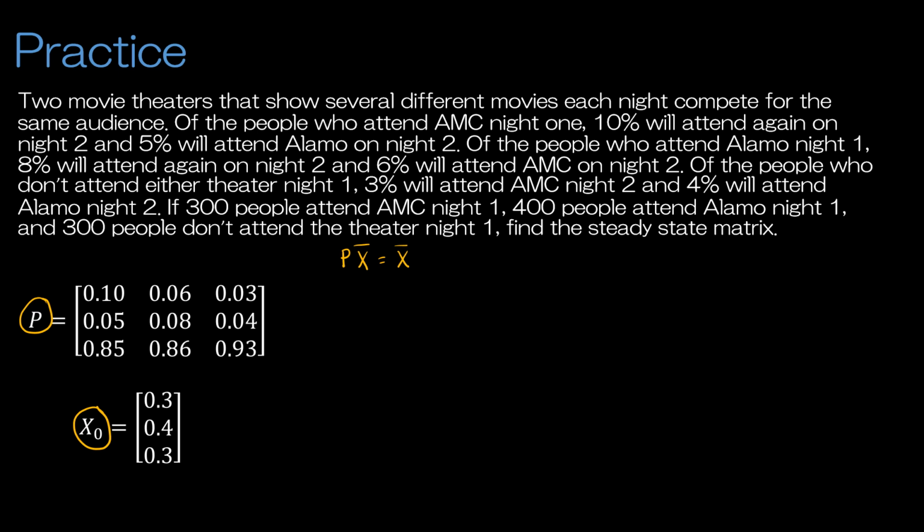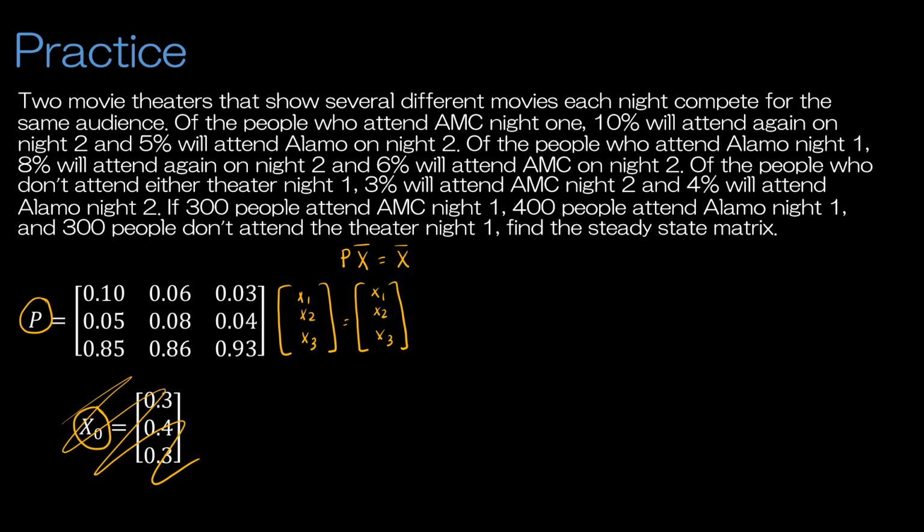I know there were a lot of steps that we went through, but just to recall, we're saying that P times x1, x2, x3 is equal to x1, x2, x3. So this doesn't matter at all. In fact, we're going to forget about that, and we're just going to rewrite these as equations.